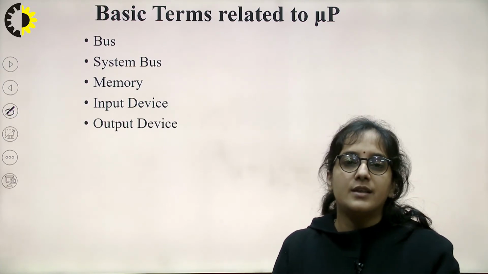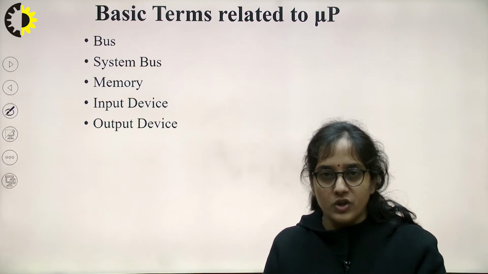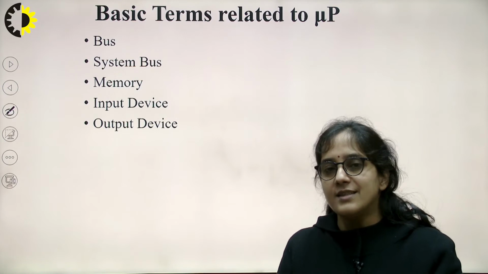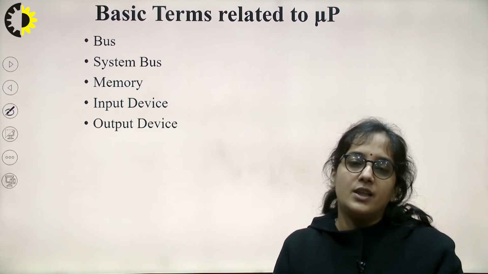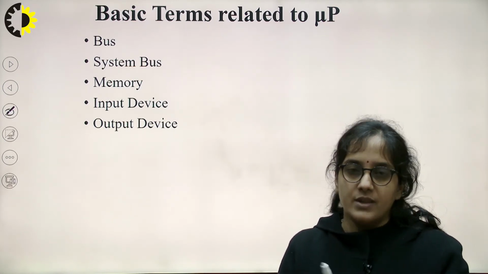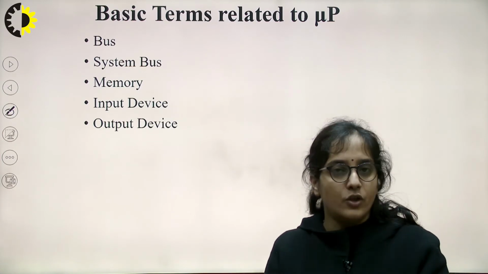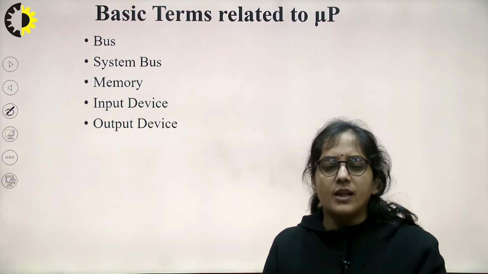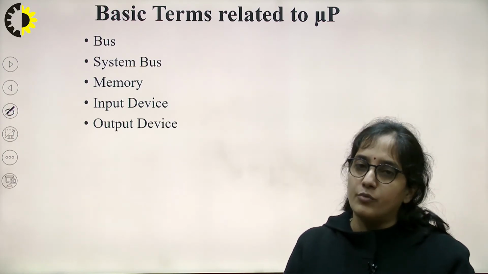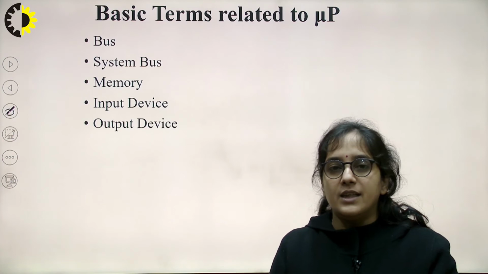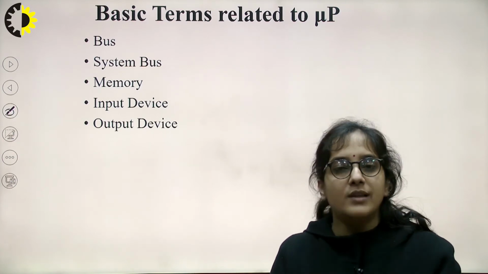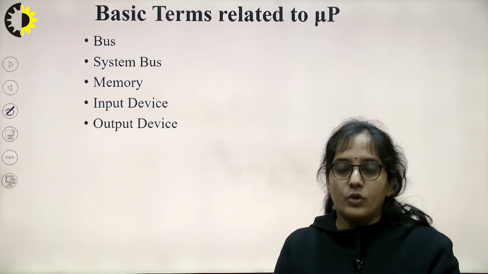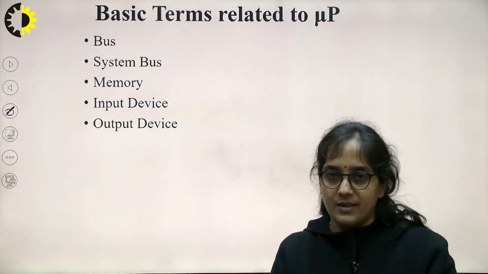Whatever the result is after manipulation, after any arithmetic or logical operation, we need to display it on our screen. So, our monitor is one output device, our printer is a second output device. We can have many more output devices, like a motor, an LED, or LCD displays. All these are output devices which are used to produce or display the results.